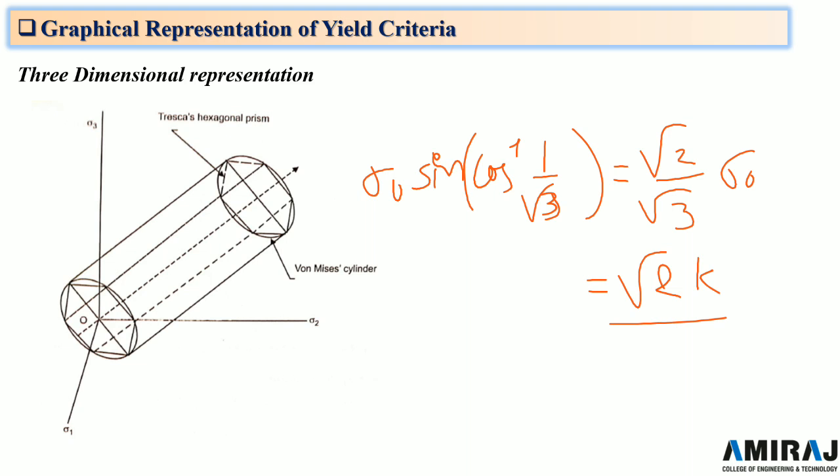Any point on the axis of the cylinder represents a stress state in which the three principal stresses are equal, which is a case of hydrostatic pressure. A line perpendicular to the axis represents the deviator part of the stress tensor.